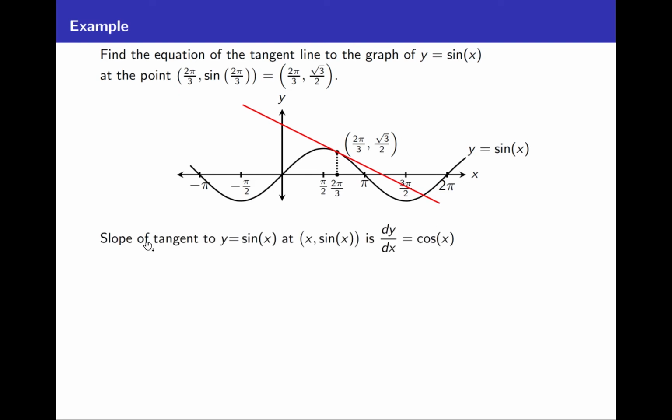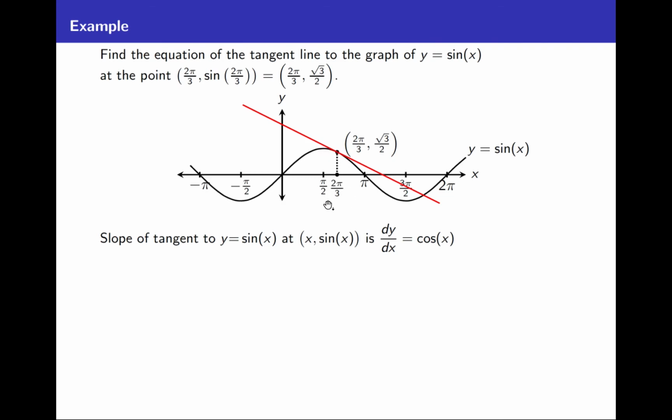Now, of course, the slope of a tangent to the graph of y equals sine of x at a point x is given by the derivative dy dx, which we now know by our new rule is cosine of x. The derivative of sine of x is cosine of x. So this cosine of x gives us the slope of any tangent line at any given point x.